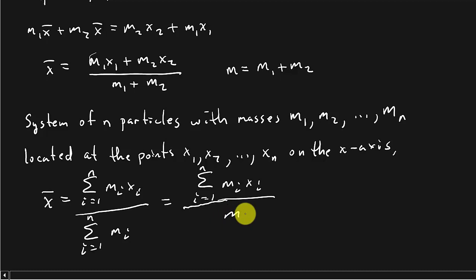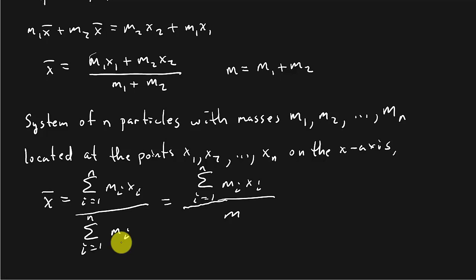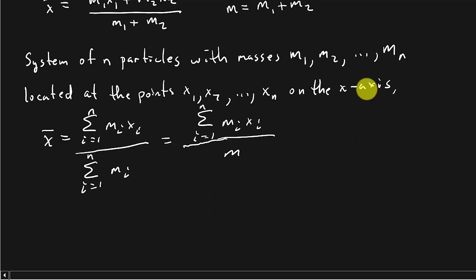Remember, m is the sum of all the masses, the total mass of the system, and the sum of the individual moments. Also note that this capital M, equal to the sum of i equals 1 to n of m sub i times x sub i, is called the moment of the system about the origin.